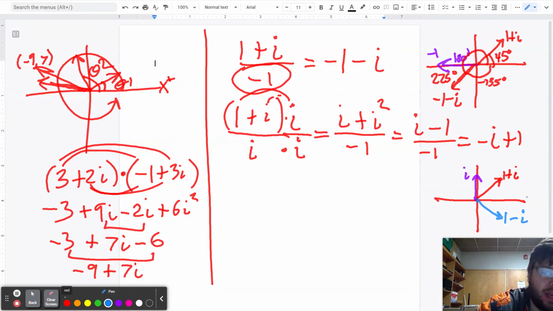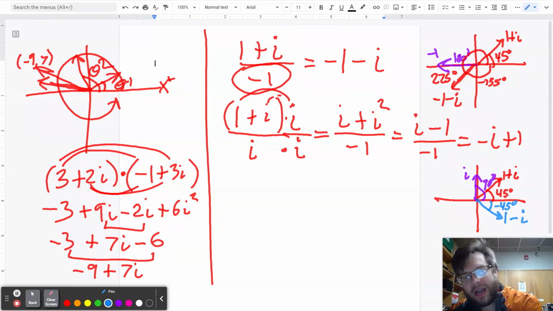Okay, so we had a 45-degree angle, and we had a 90-degree angle, and we ended with a negative 45-degree angle. So maybe you're coming up with some sort of a conjecture here.